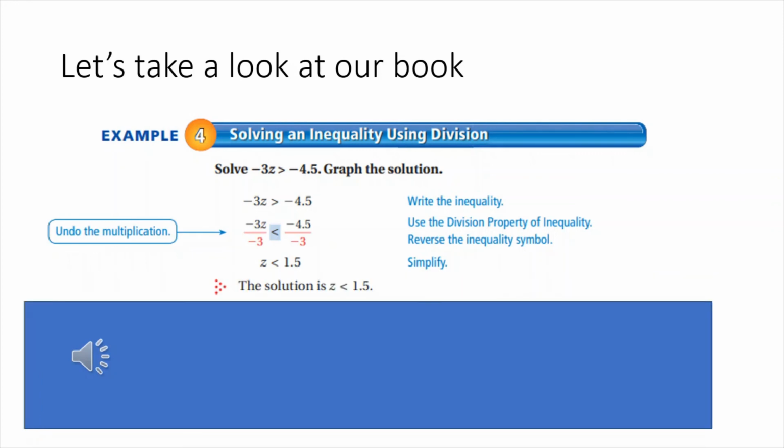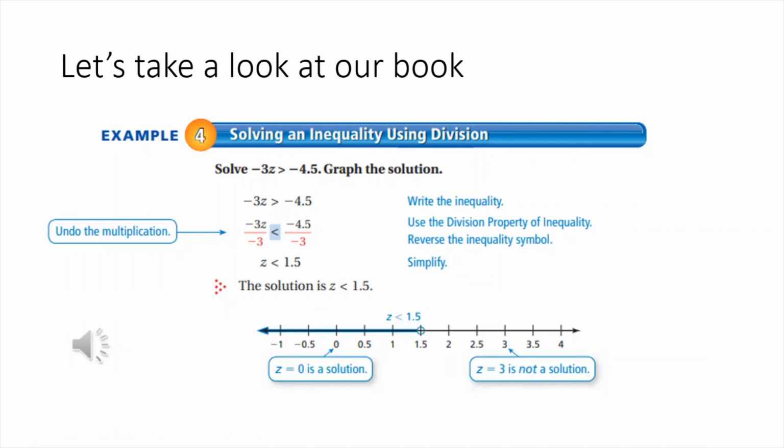As always, the book likes to point out the moment that you arrive at a solution. Our final solution for this problem is z is less than 1.5. Before we graph it, what direction do you think the line will go on your line graph? Left or right? If you said left, you are correct.